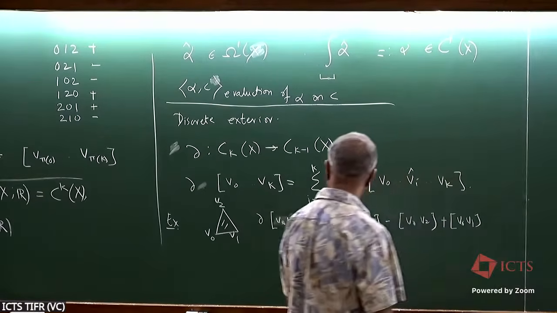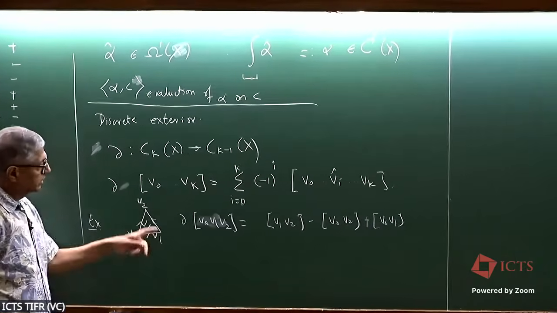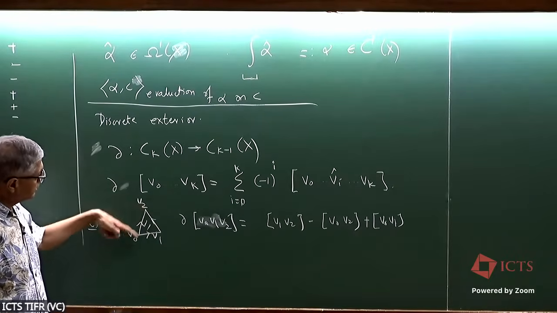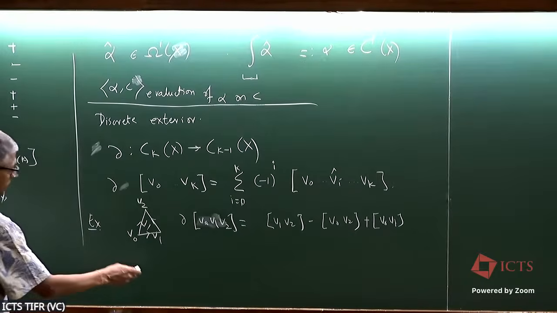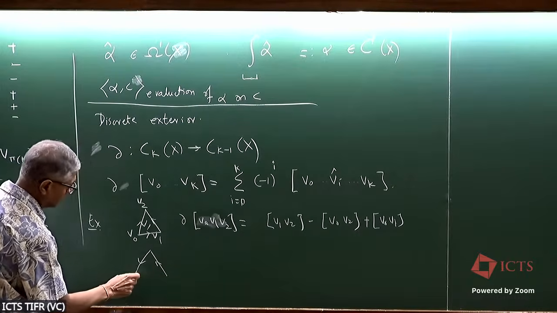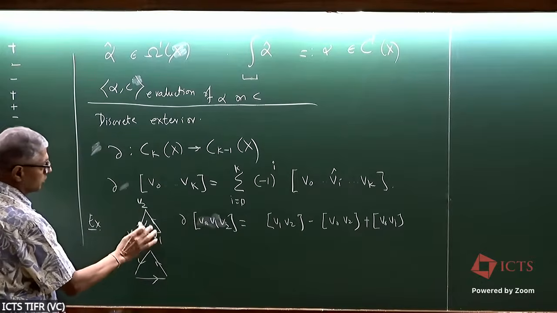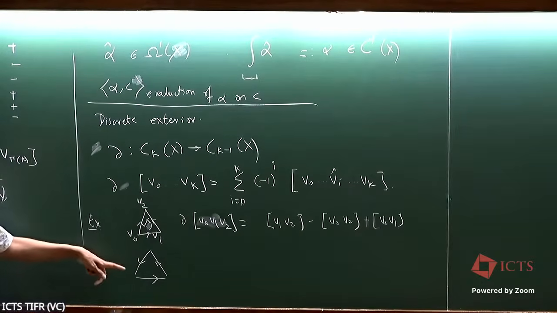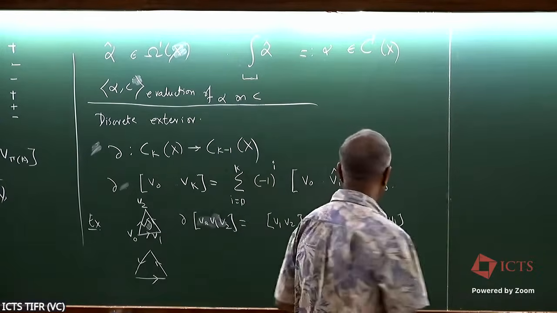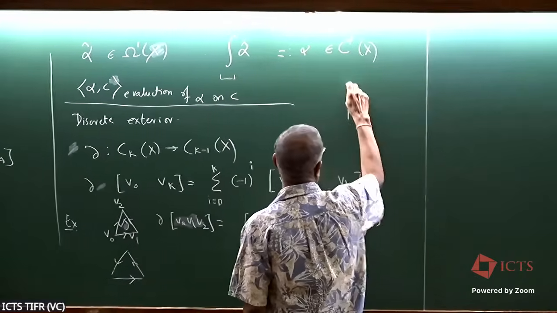Let's orient them from low to high. The boundary operator says V1, V2 minus V0, V2, so it's wanting you to go this way, that way, and then plus V0, V1 this way. We have written this as 0, 1, 2, so it's counterclockwise. So what it does is give you the induced boundary with the correct orientation. A small exercise: try this for these two.